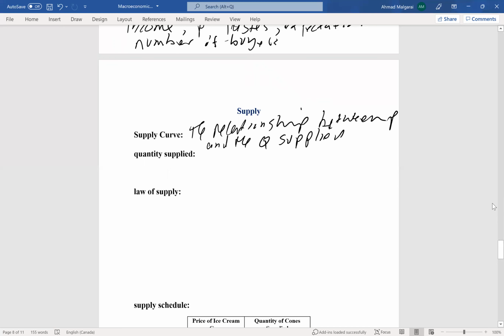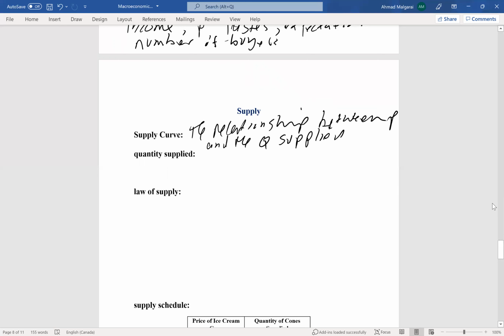So the supply curve and demand curve: the demand curve was a relationship between the price and quantity demanded, but the supply curve, it's simple. Just by looking at the word itself, you can say that it describes the relationship between price and the quantity supplied.